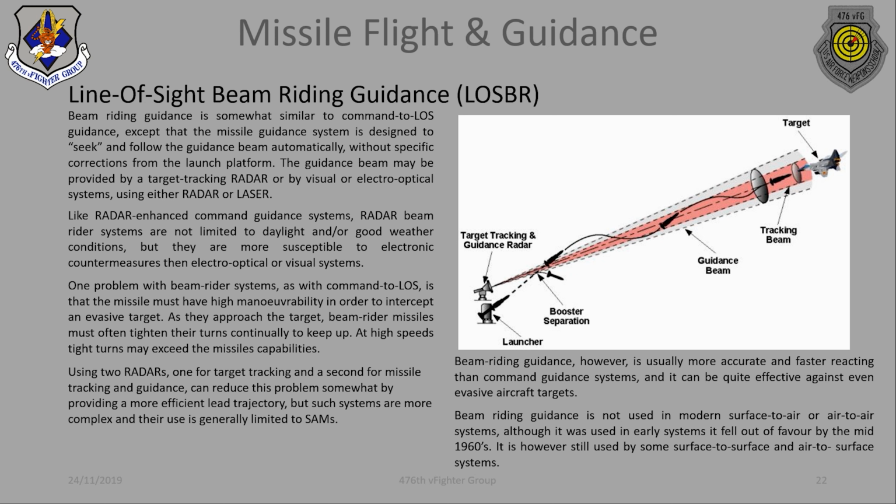Exactly the same principle: you've got a beam thrown out into space, and the missile just steers itself to remain in that beam. I can't think of any surface-to-air or air-to-air missile systems that use it, but it is a guidance type that is available. I won't go into the details of it, because it's not something that's actually used. But if you want to read about it, there you go.